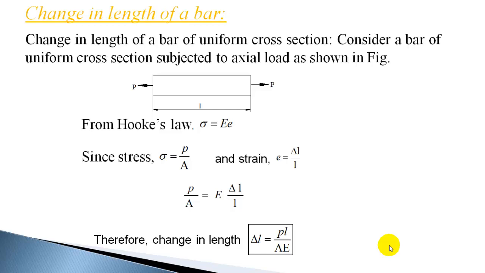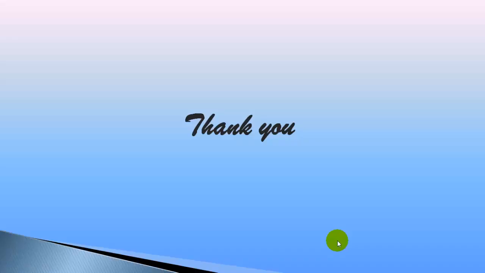So you should apply load and measure the deformation produced, and calculate the stress and strain, then take the ratio of stress to strain. That will give the Young's modulus as long as the loading is within the elastic limit. So once you know the Young's modulus, you will be able to predict the deformation produced. That's for today's class. Thank you for watching.